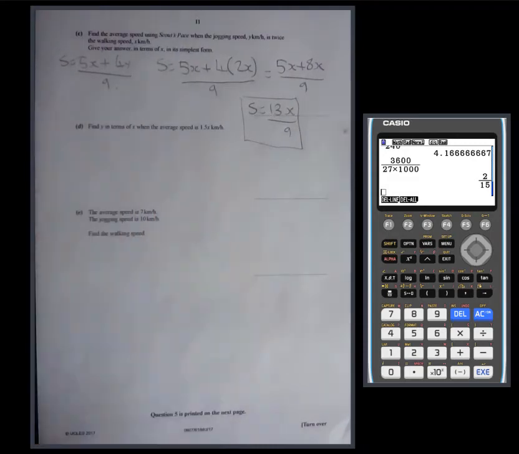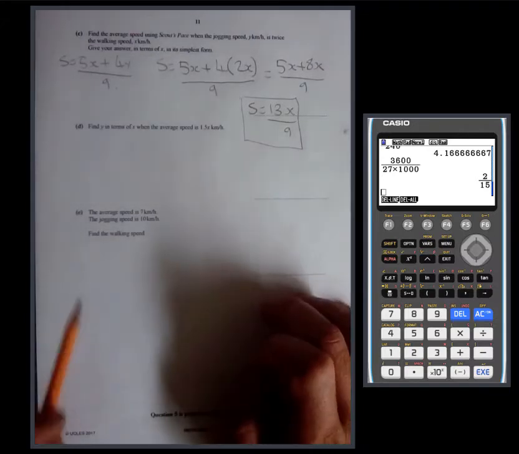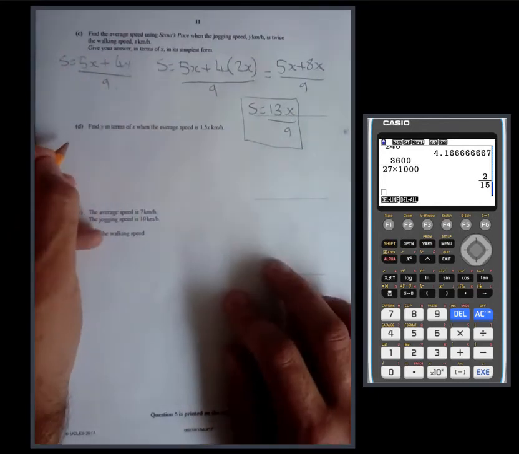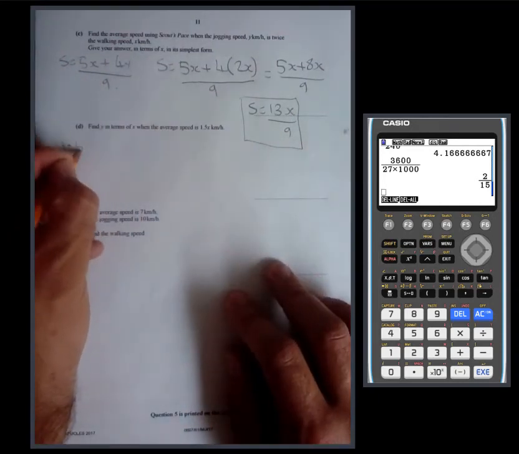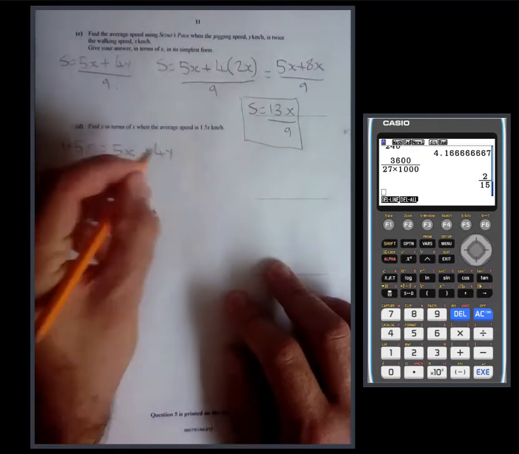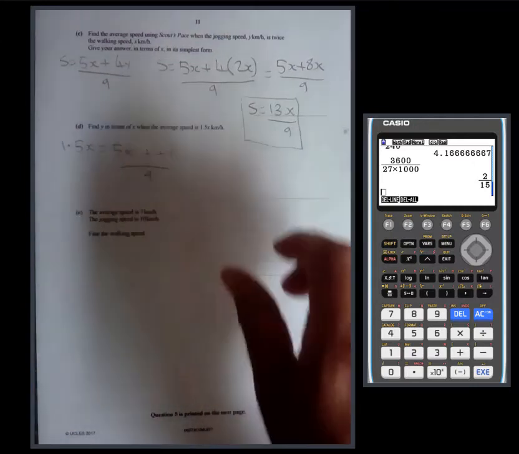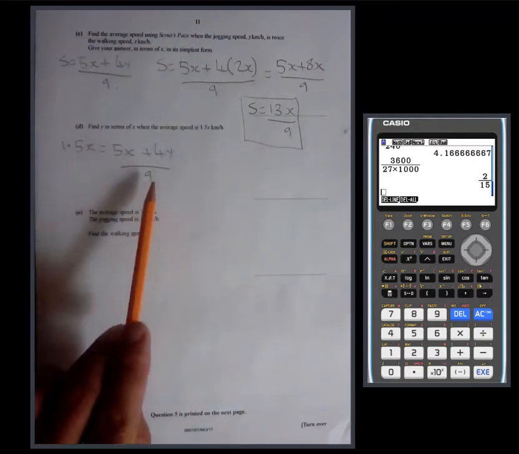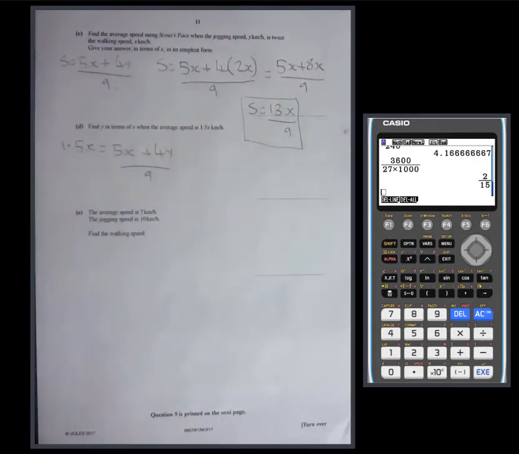Find y in terms of x when the average speed is 1.5x kilometers an hour. The average speed is the s bit, so this is 1.5x. So we write 1.5x equals 5x plus 4y over 9. We need to find y in terms of x, so we multiply by 9. 9 times 1.5 is 13.5.